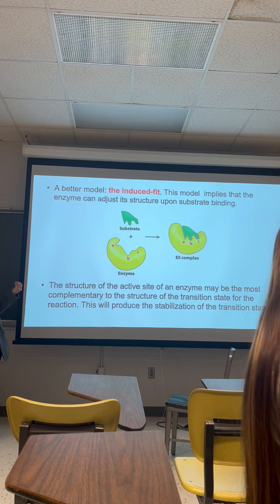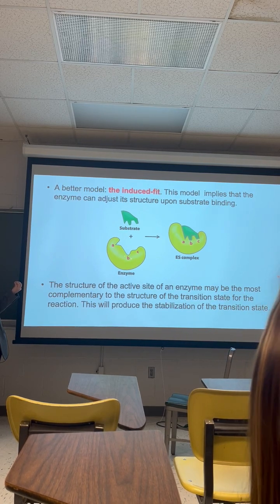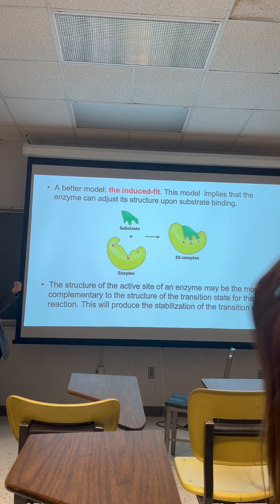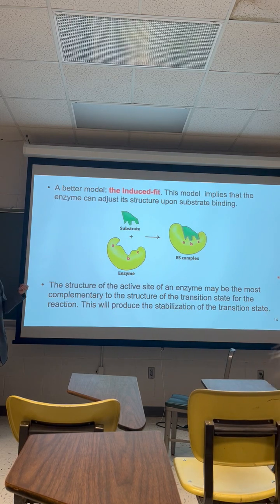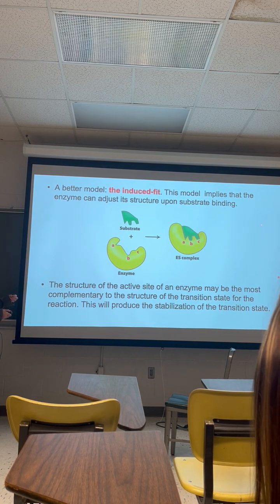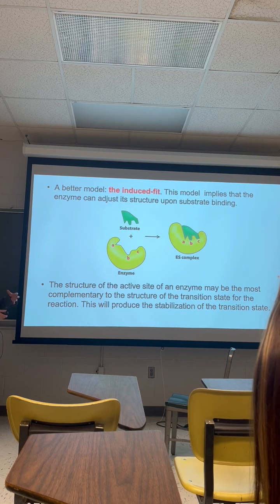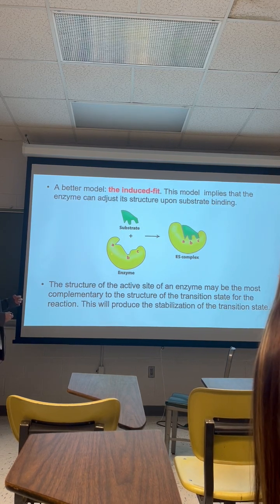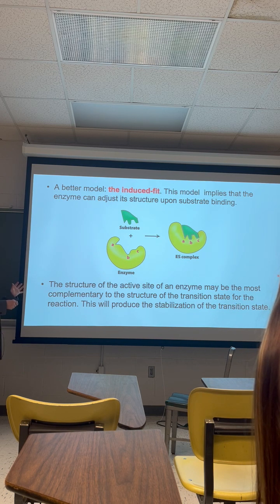So substrate actually does not fit, as you see, perfectly to an empty enzyme. When you form that complex, enzyme-substrate complex, there is some adjustment. And here it looks more like the enzyme is adjusting to the substrate, right?